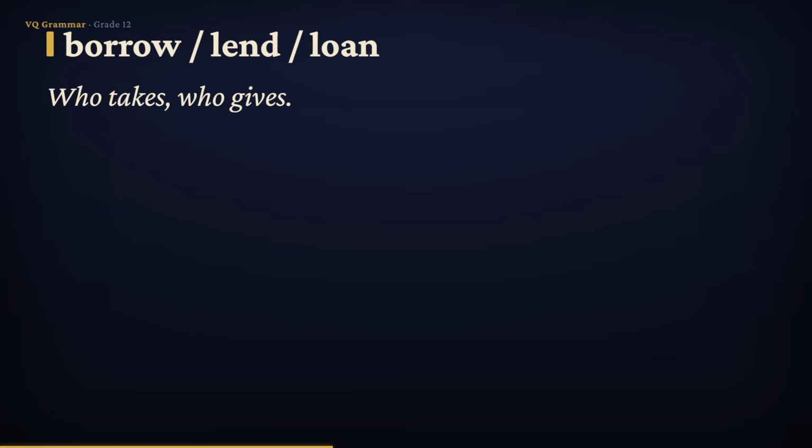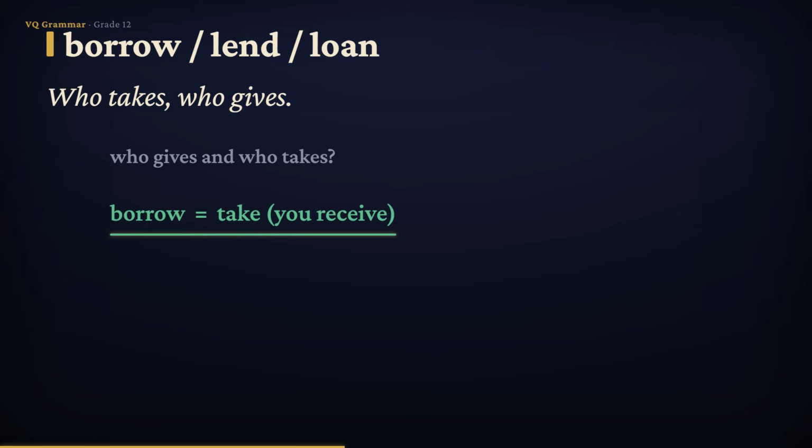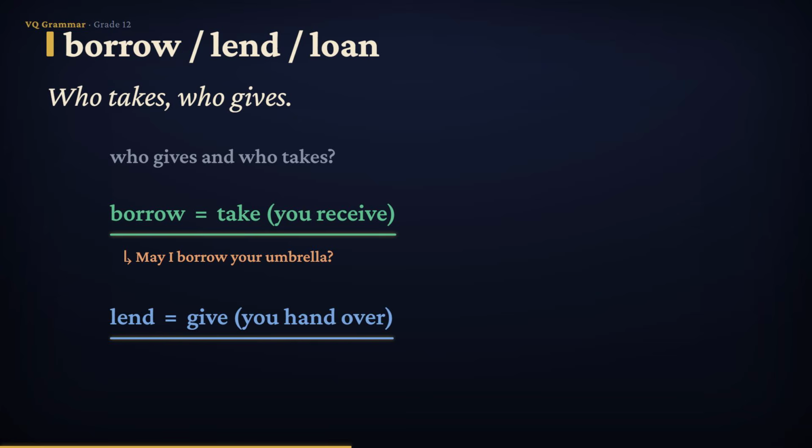Sixth, a trio that trips up a lot of writers. Borrow, lend, and loan. Borrow and lend are opposites. To borrow is to take something you'll give back. May I borrow your umbrella? You're receiving it. To lend is to give something out temporarily. I'll lend you my notes tonight. You're handing it over.